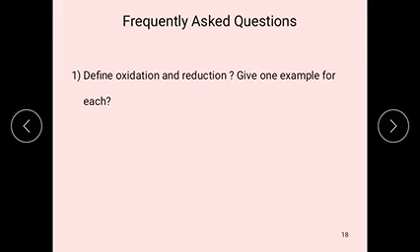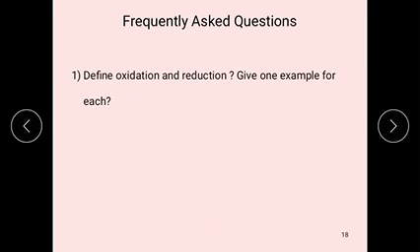When we take zinc plus copper plus 2 gives rise to copper plus zinc plus 2, the zinc plus 2 shows oxidation.